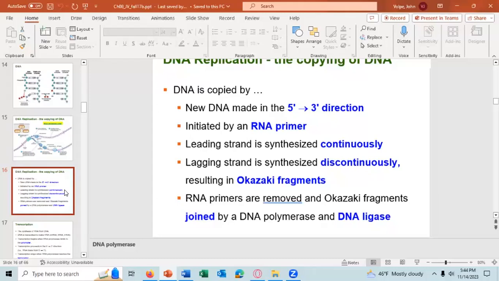Now, the RNA primers, which start the synthesis of DNA, have to be removed, and the Okazaki fragments have to be joined together, and any breaks in the DNA have to be joined together, and that will happen by the DNA ligase. The RNA primers are actually removed by the DNA polymerase.